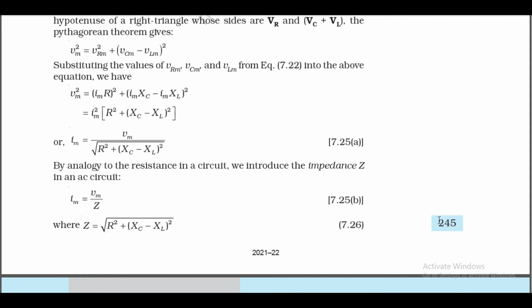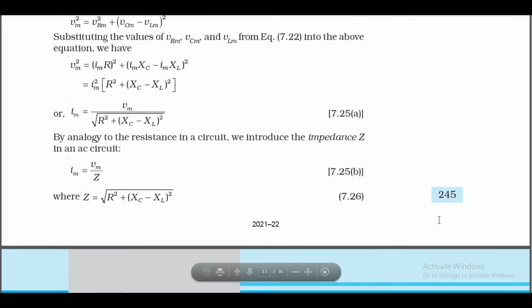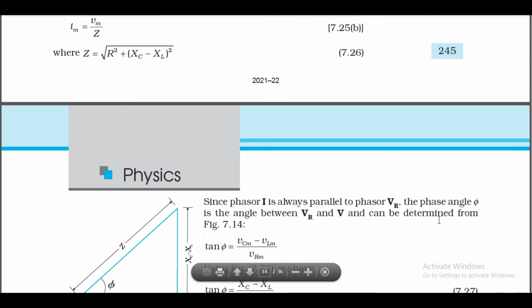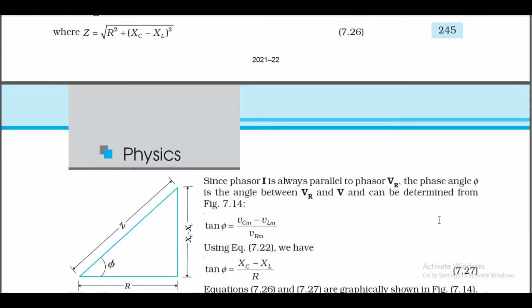By analogy to the resistance in a circuit, we introduce the impedance Z in an AC circuit, Im = Vm / Z, where Z = root of R squared + (XC - XL) squared.